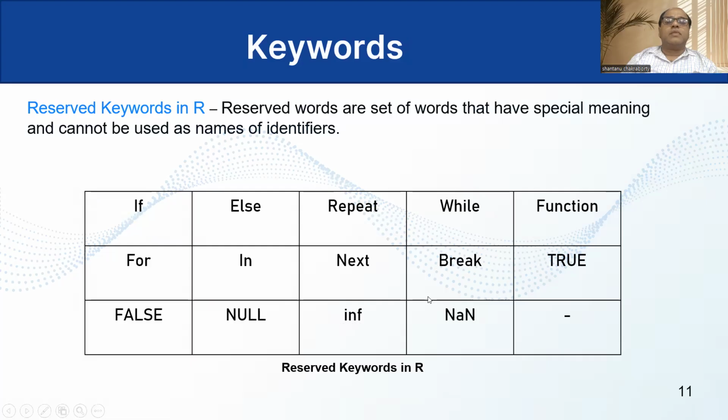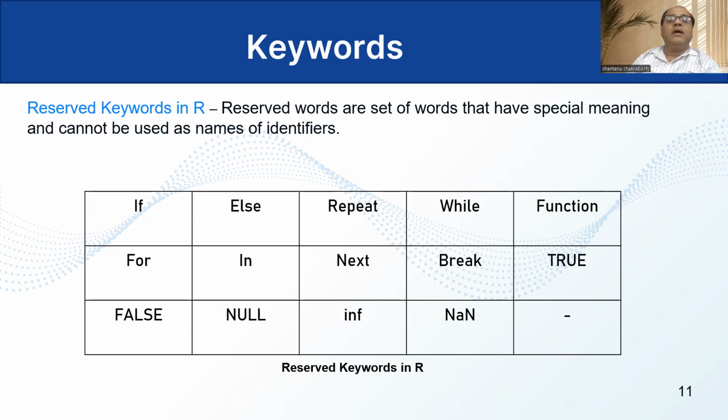Now, what are keywords? Keywords in the R programming language are predefined words, and these words have some special meaning, and they cannot be used as the name of an identifier. So the words that have a predefined, special meaning that cannot be changed cannot be used as an identifier.